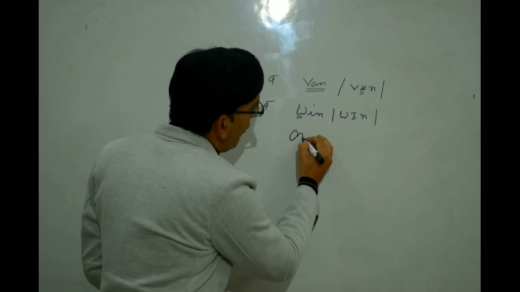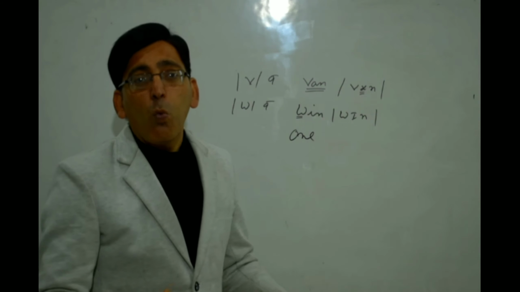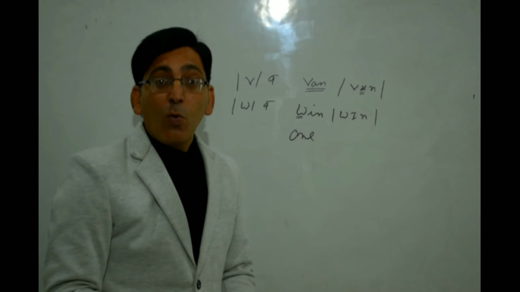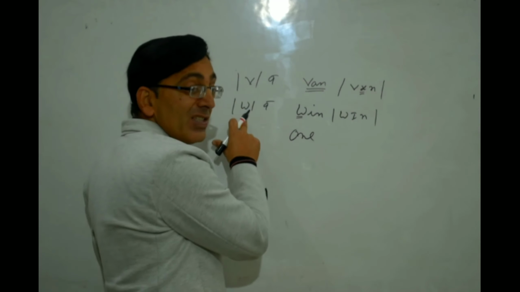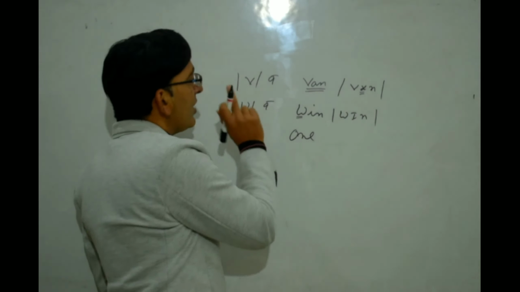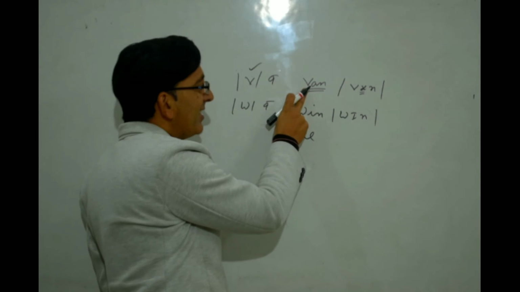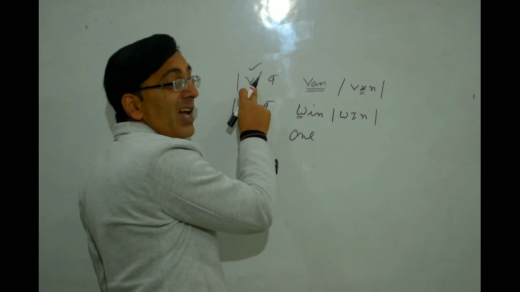One more example I want to give you. That's one. Now when you pronounce it, one, again there is a w sound. Now which symbol to use? Again we will use this w, because it has a simple rule. If you find v and there is a sound of v, only then we use this sound.